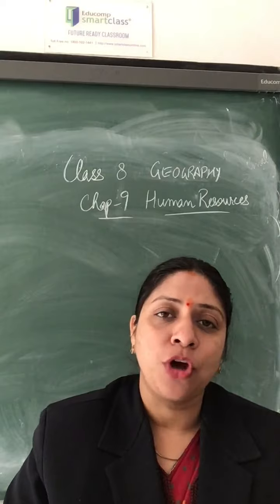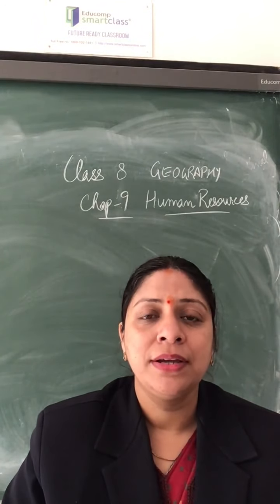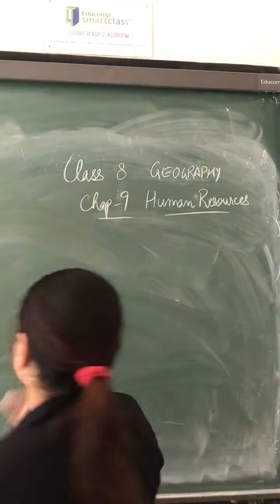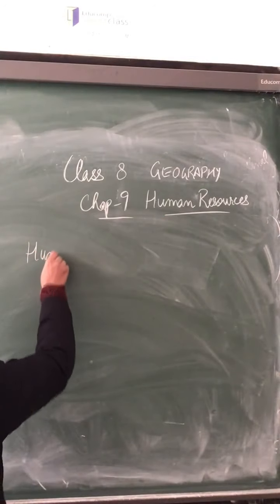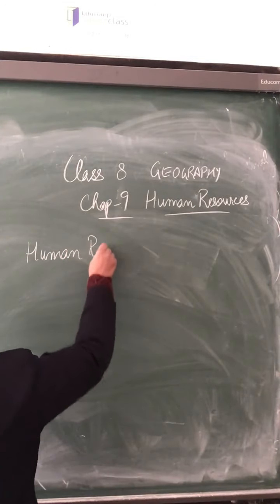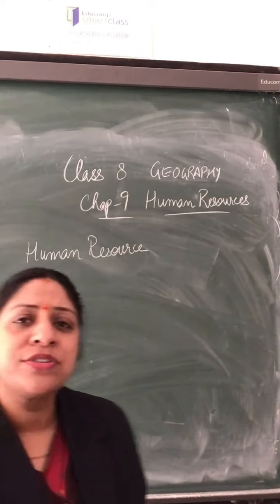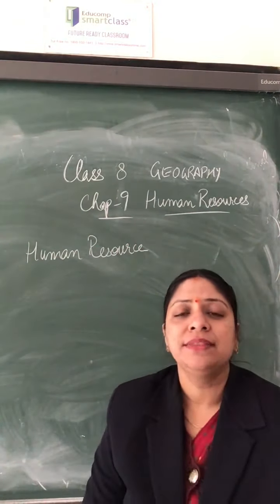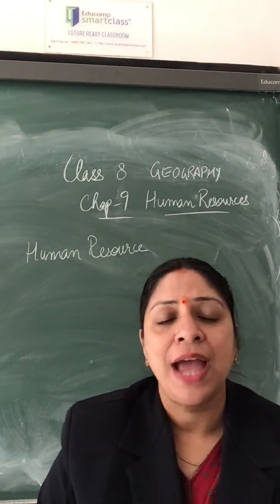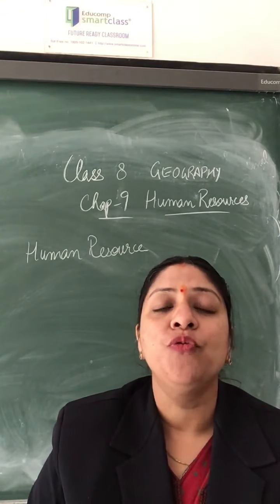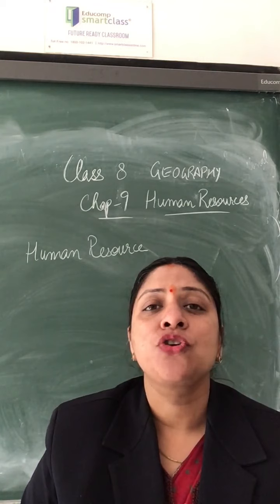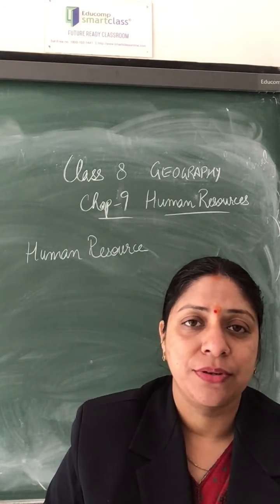The very first topic to begin with is human resources. What actually is a human resource? Human resource refers to all the skills, the knowledge and the abilities which we all have. That is called a human resource.